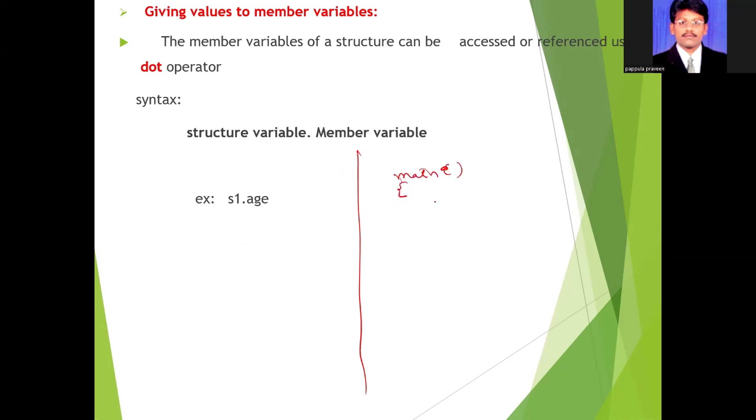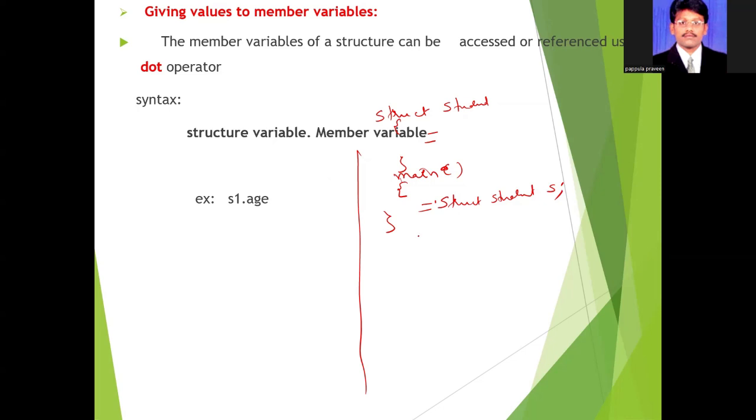Now I want to write a small program here. Main, we write struct student, and take some variables, but here we create a structure variable, struct student s.